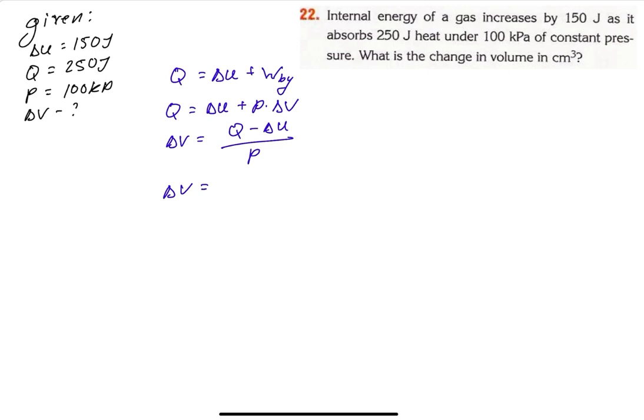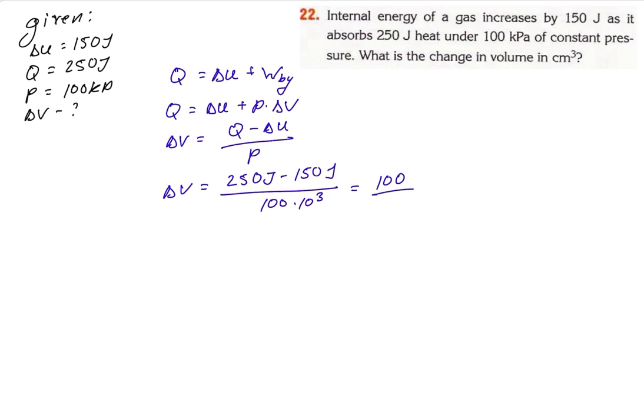Delta V will be equal to 250 joules minus 150 joules over 100 times 10 to the power of 3. So it is equal to 100 over 100 times 10 to the power of negative 3, which is equal to 10 to the power of negative 3 meters cubed.